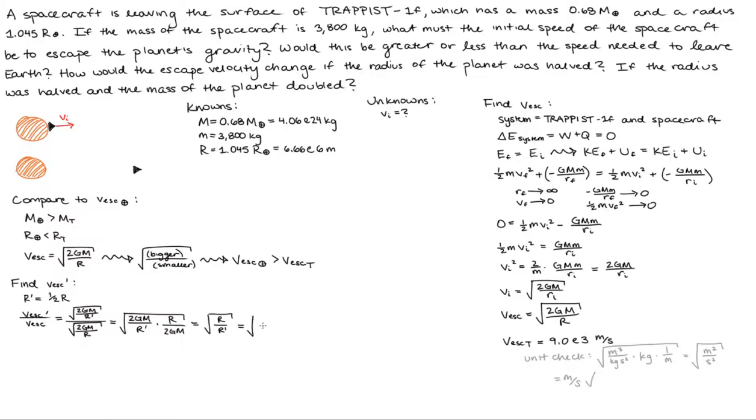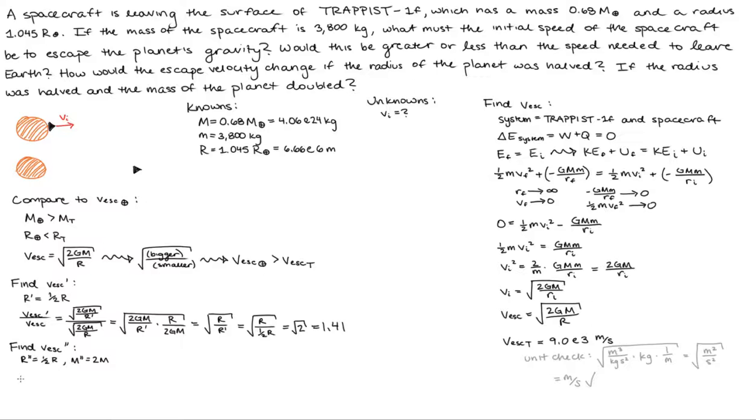This becomes the square root of r over 1/2 r, or the square root of 2, which is approximately equal to 1.41. Thus we find that if the radius of TRAPPIST-1F were halved, the escape velocity would increase by a factor of 1.41.